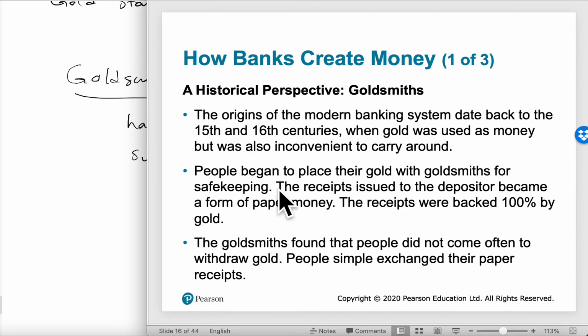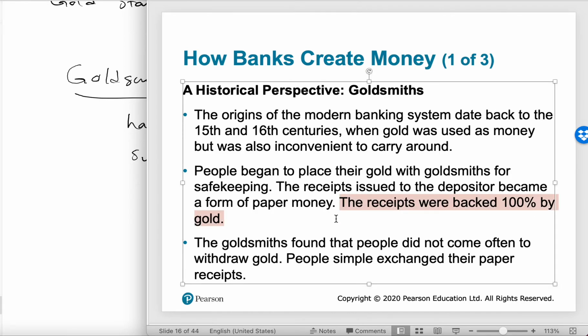So the receipts were 100% backed. The gold standard of the Bretton Woods system was also the same, 100% backed with gold.